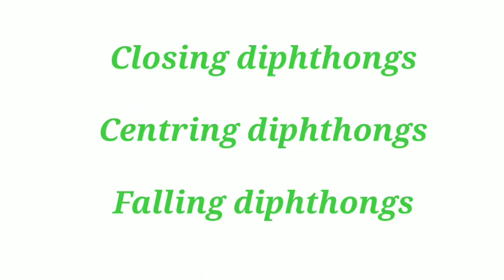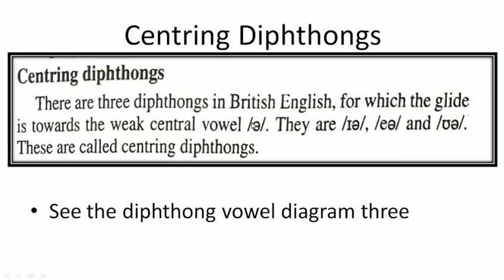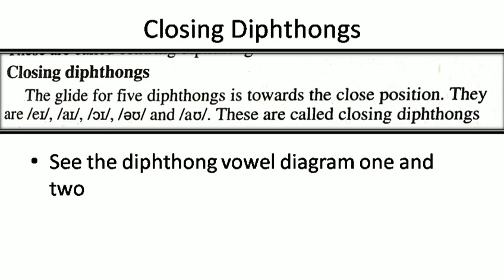Then we are going to discuss centering, falling and closing diphthongs. What are closing diphthongs? The glide for the first two labels are closing diphthongs. Why are they known as closing diphthongs? Because the vowel glide or the tongue glides for these diphthongs is towards the close position.